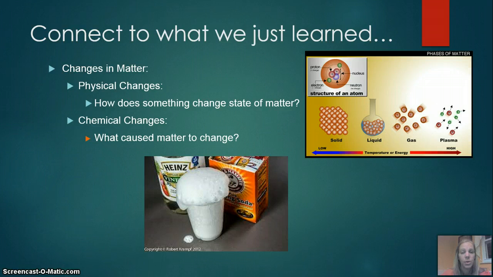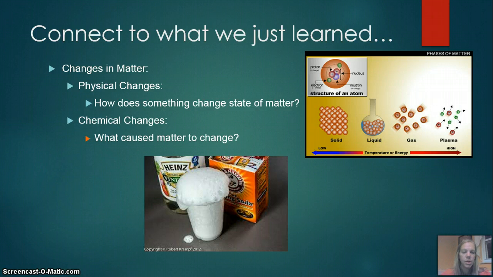Connecting to what we have already learned. We talked in the last unit about the conservation of mass. And the law states that matter can change both physically and chemically, but the amount of matter will always be the same.